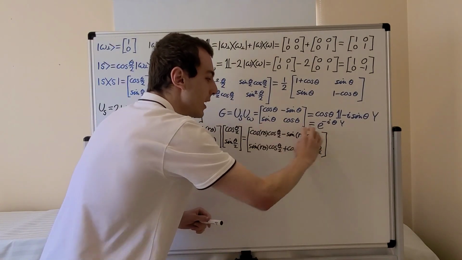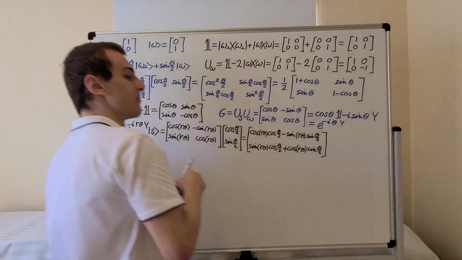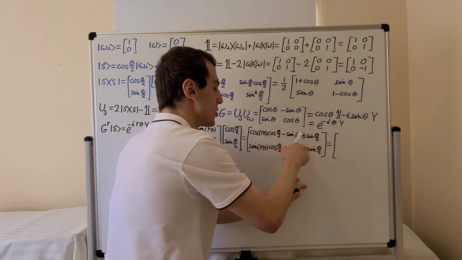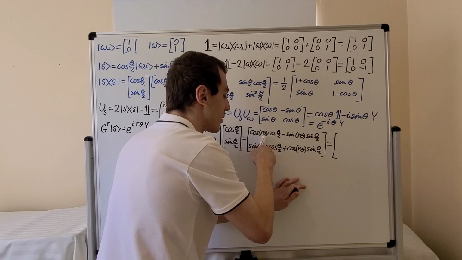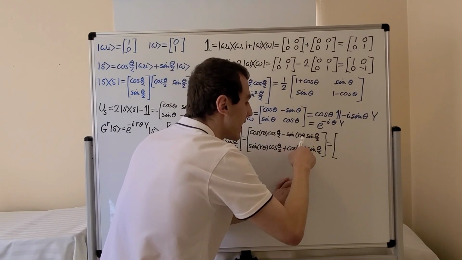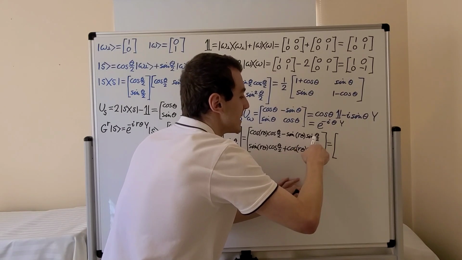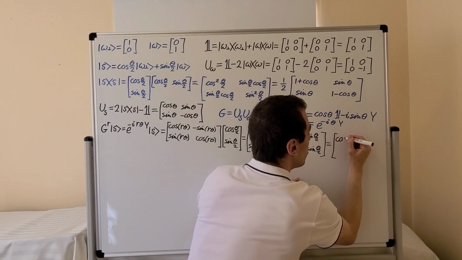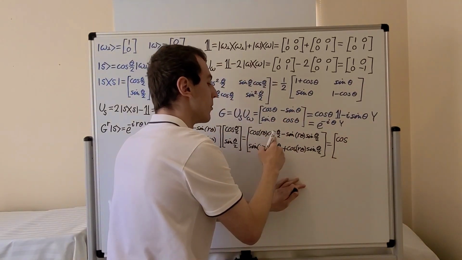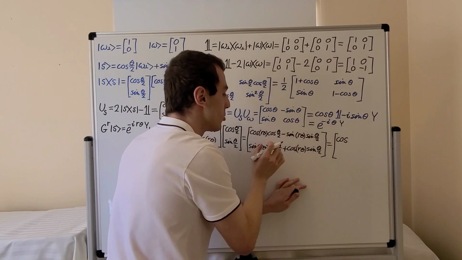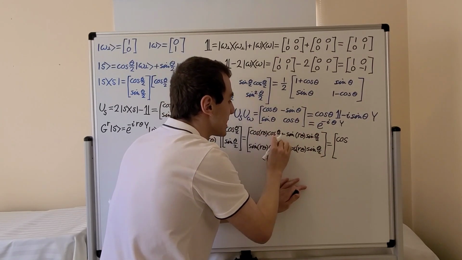So let's rewrite this using a trigonometric identity, and that's going to give us a simplified form. So here we have cosine of an angle times cosine of another angle, and then we're subtracting sine of that angle and then sine of that other angle. So what is this equivalent to? This is equivalent to cosine of the sum of these angles. So all of this big mess is equivalent to just one cosine, and then we have this angle plus this angle.